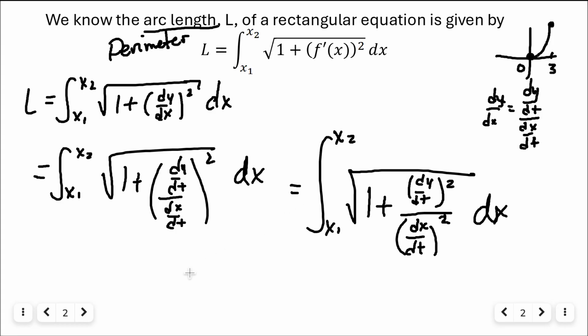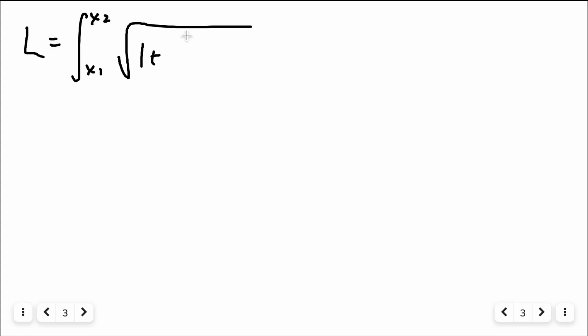So let me go on to the next slide. We have right now L equal to the integral from x1 to x2, the square root of 1 plus dy dt squared divided by dx dt squared, dx. I'm going to find a common denominator inside this radical.